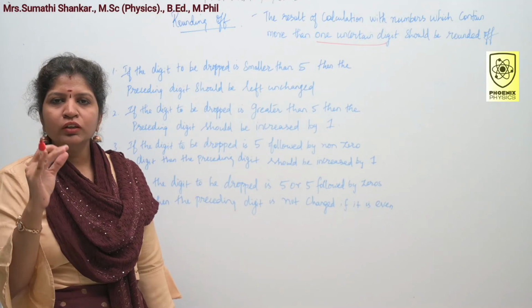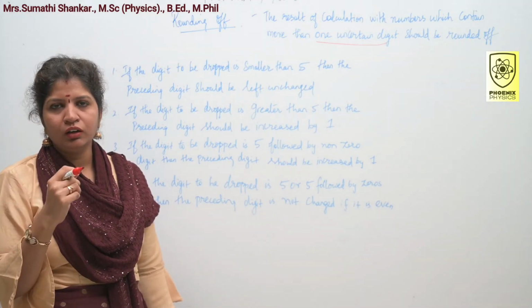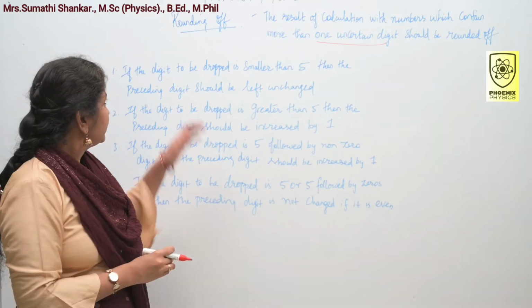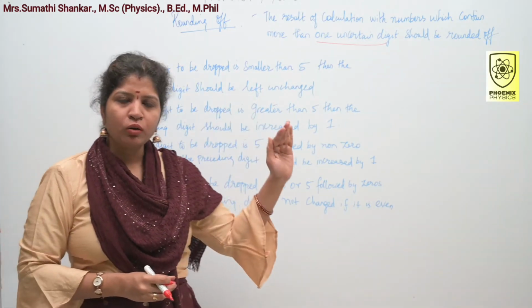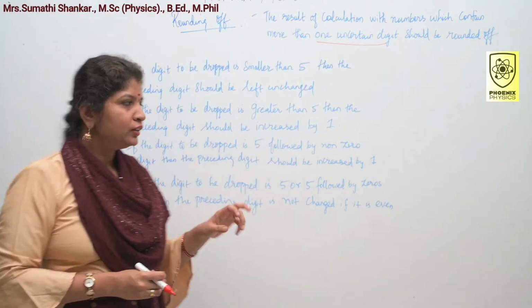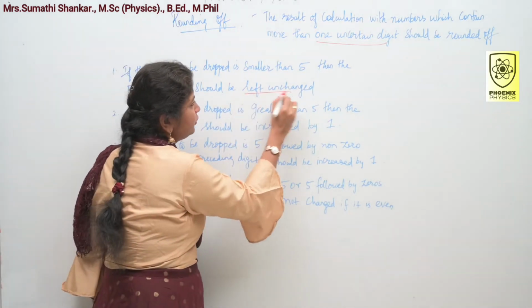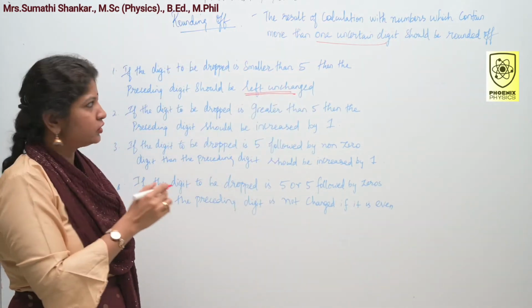There are certain rules to write the rounding off figure. First one is, if the digit to be dropped is smaller than 5, then the preceding digit should be left unchanged. What is the meaning?